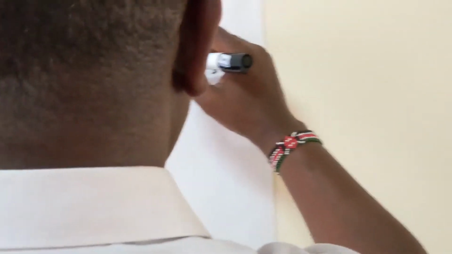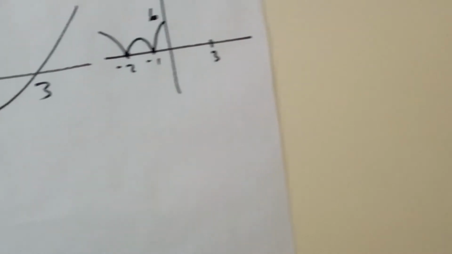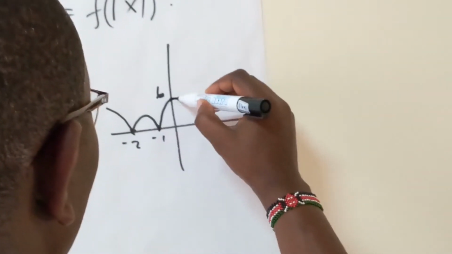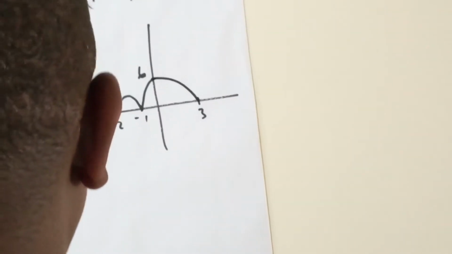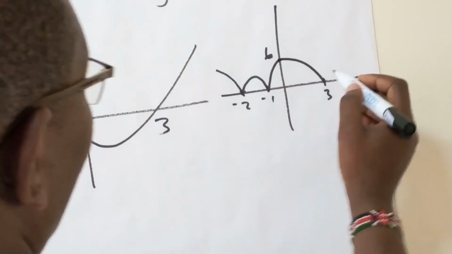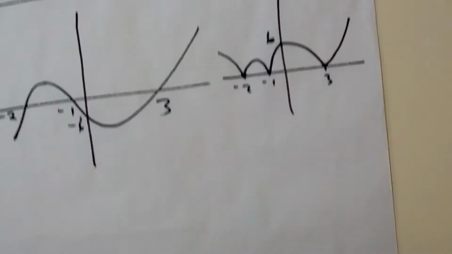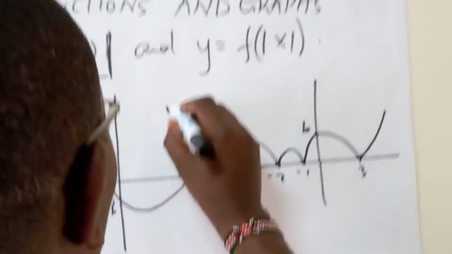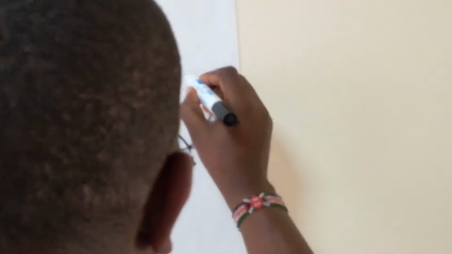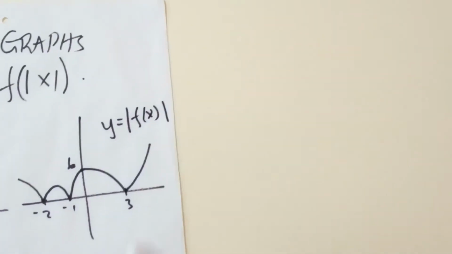This part is reflected to the positive value, and this now becomes 6. The shape maintains a reflection, and this part is already in the positive value, so it continues. So this is now the graph of y equals f of x, and this now the graph of y equals the modulus of the function of x.